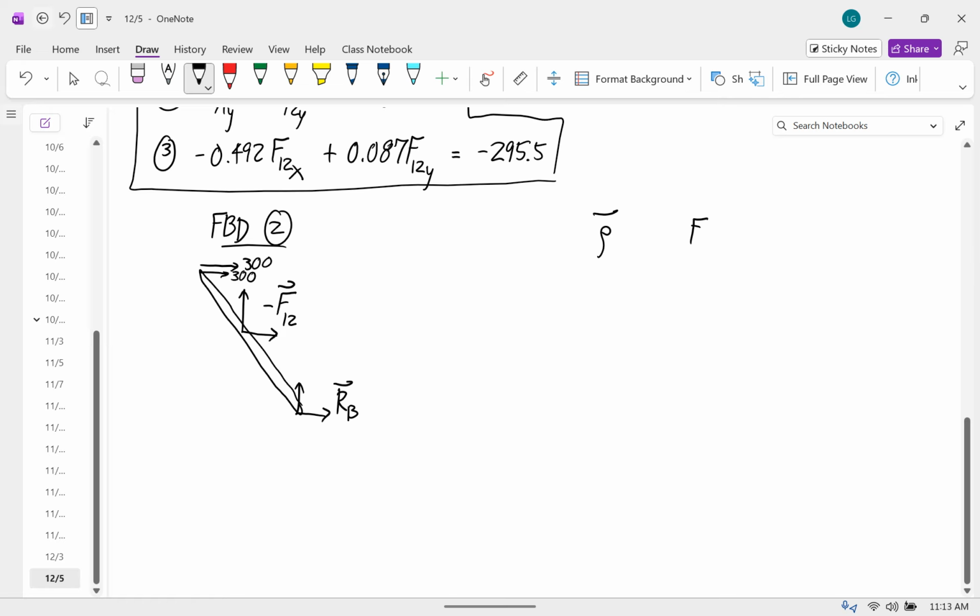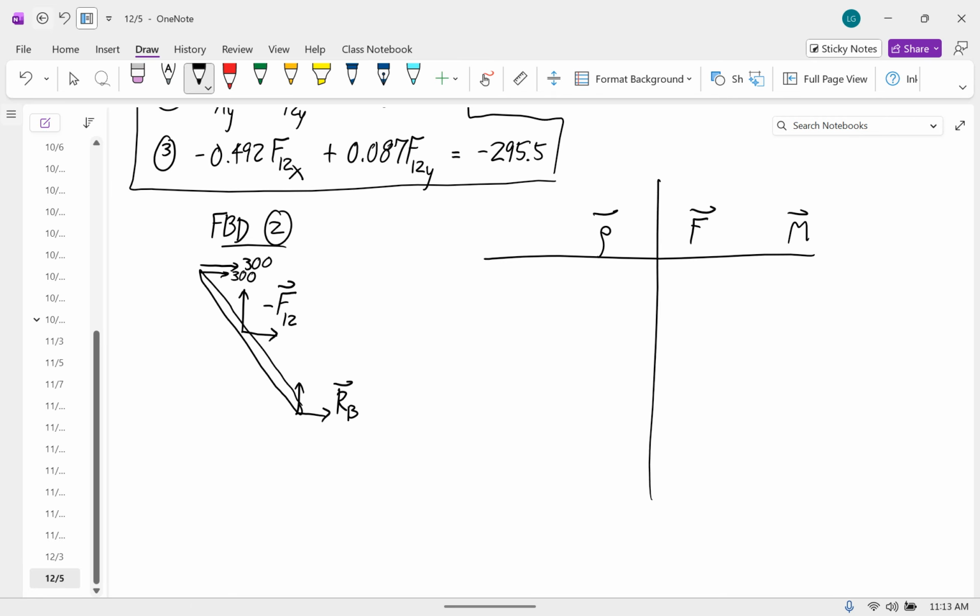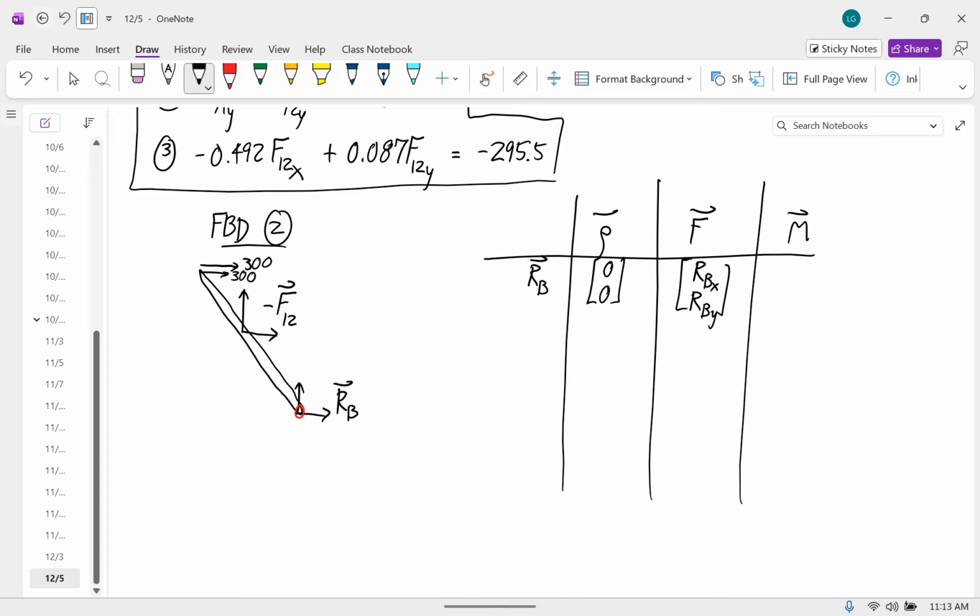So rho, force, moment. And I'll put my about point here. So first I'll do RB. The rho vector is 0. The force is RBX, RBY. Cross product is 0. Then negative F12.